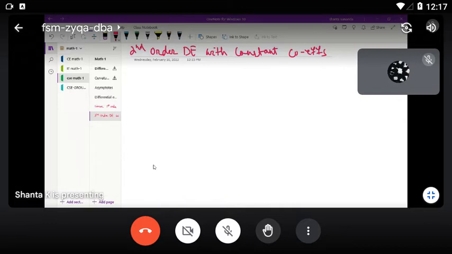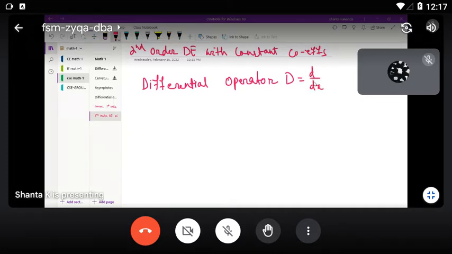Differential operator D. So this D equals d by dx.